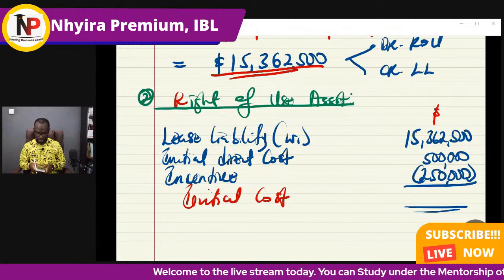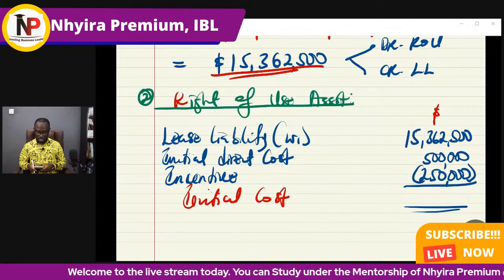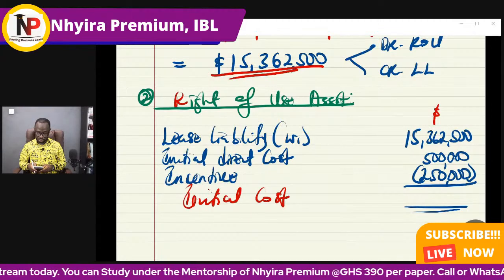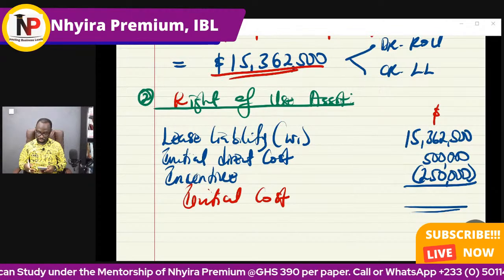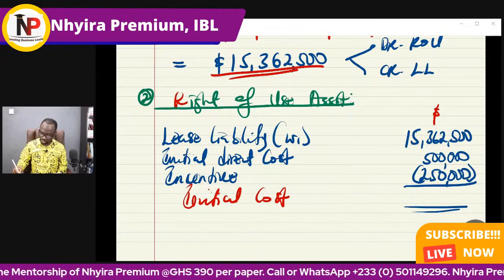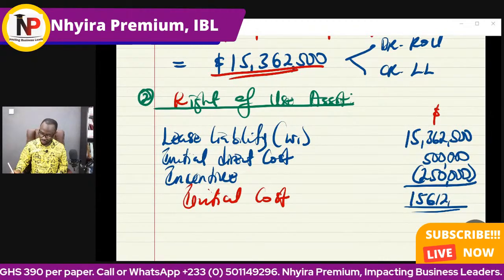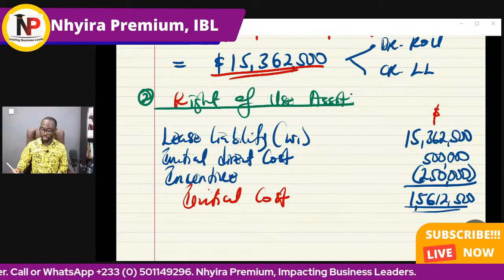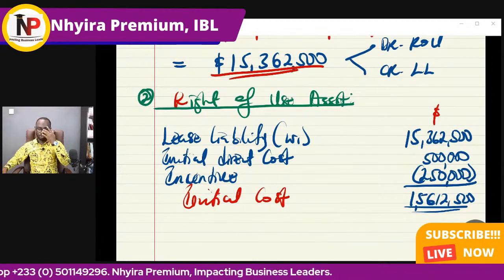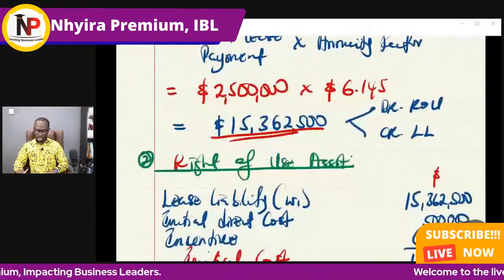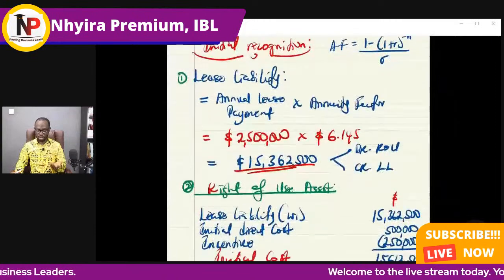So let's add it up. Plus 500,000, minus 250,000. So I'm getting 15,612,500. So that is going to be our initial recognition.